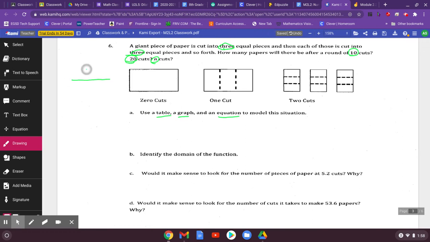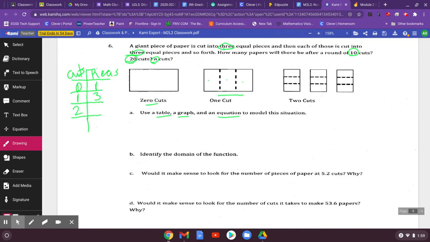Let's make our table. So we have cuts and we have pieces. With 0 cuts, I have 1 piece of paper. With 1 cut, as you can see, I have 1, 2, 3 pieces of paper.